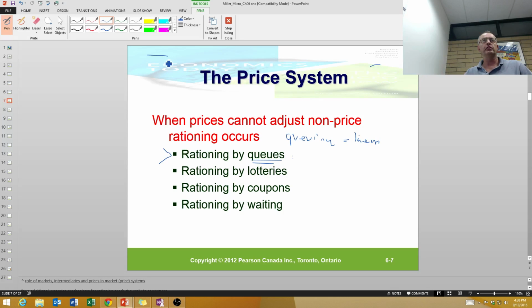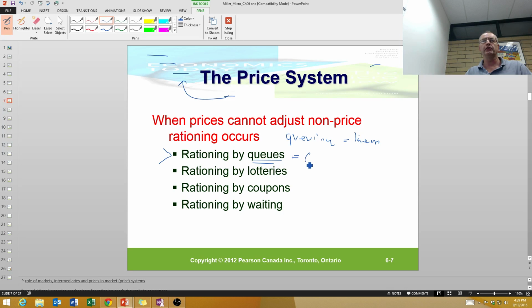The prices for the seats are all established, and in order to buy a ticket, you cannot just bid on them through an auction. You have to get in line, whether the lineup is on the street or an online queue or on the phone or something. Lineups are one way of allocating scarce resources in our economy.